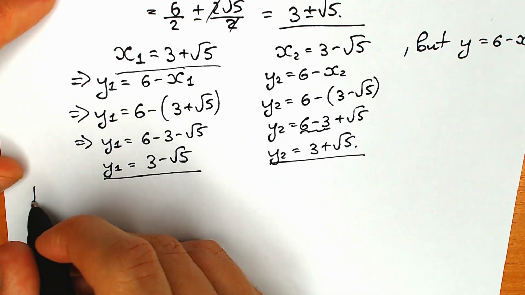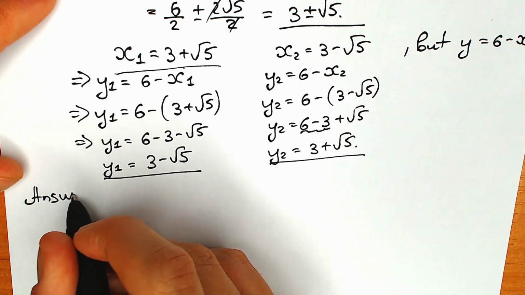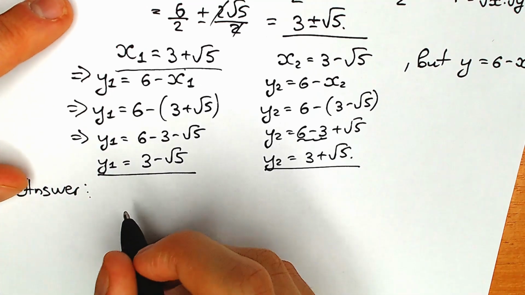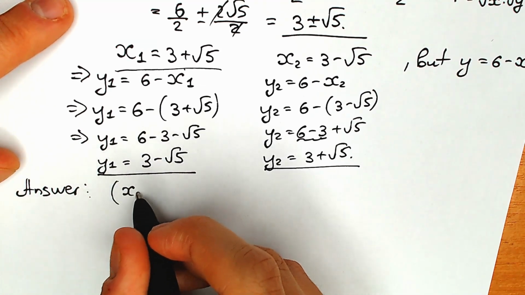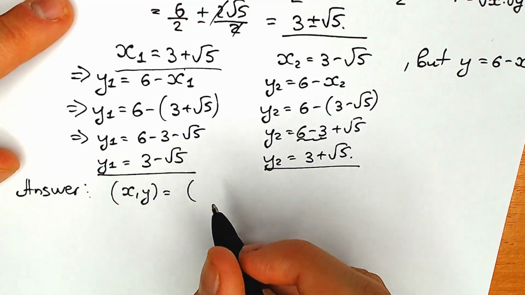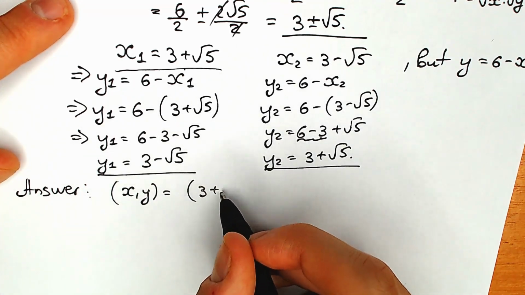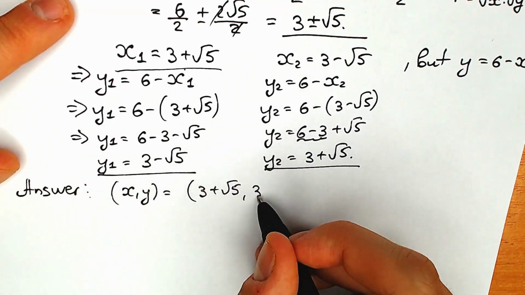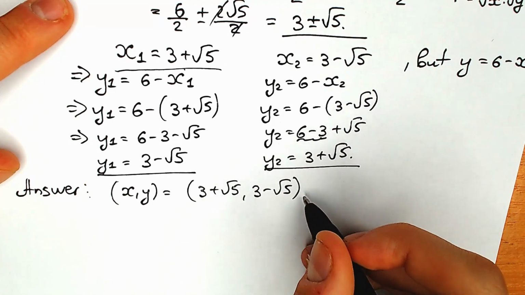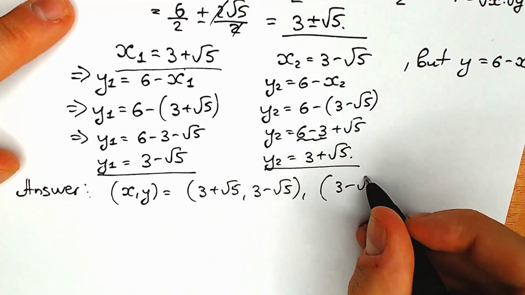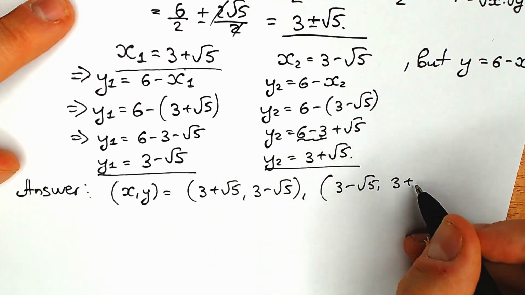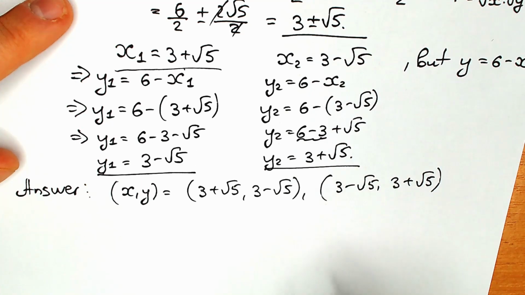So looks like our answer, so I'm gonna write it as answer, but then we will check it, okay? So we have our pairs x and y equal to, let's go with the first pair, 3 plus square root of 5 and then 3 minus square root of 5. The second pair, 3 minus square root of 5 and 3 plus square root of 5.